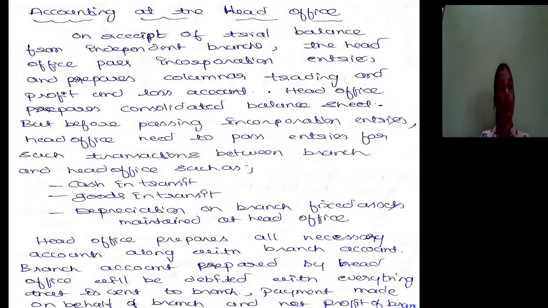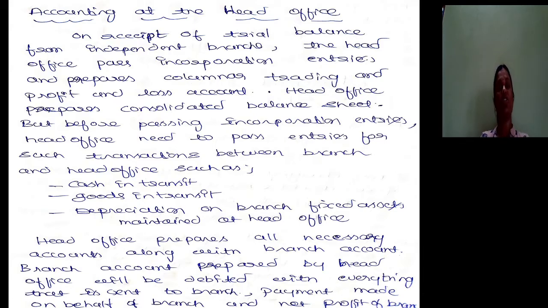Before passing incorporation entries and preparing these statements, head office needs to see whether any transaction for which no entries are made so far occurred between branch and head office or between branches. In case such transactions are there, head office first needs to pass adjustment entries.